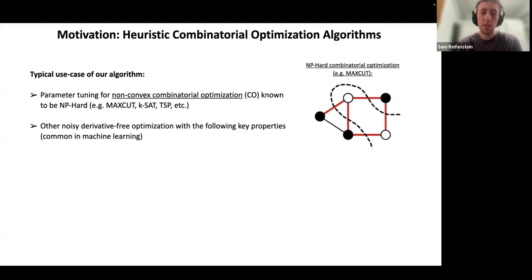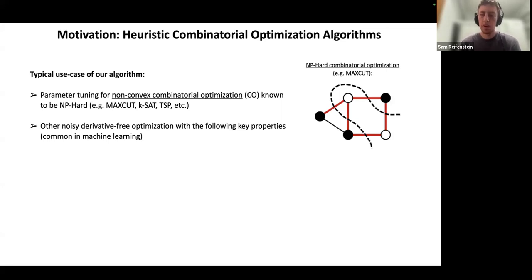Combinatorial optimization is known to be NP hard in some cases and very difficult for computers to solve. So people tend to use heuristic approaches to these types of problems. And these heuristic algorithms have some probability of success and have parameters. And so to tune these parameters, you end up with a very noisy derivative-free optimization problem.